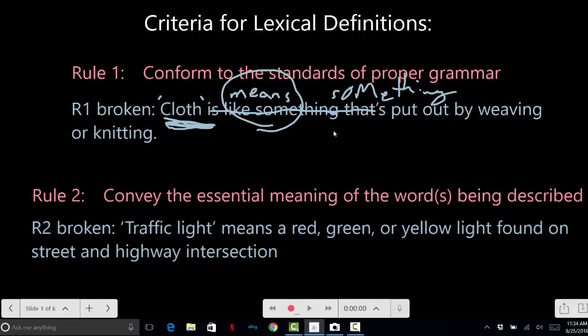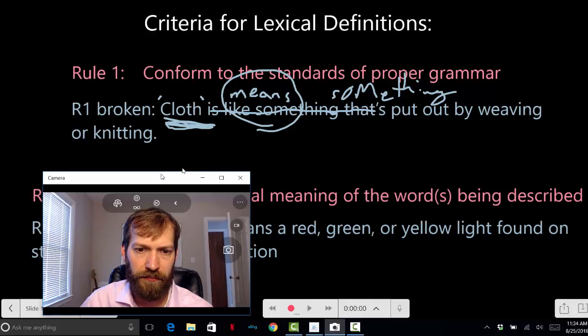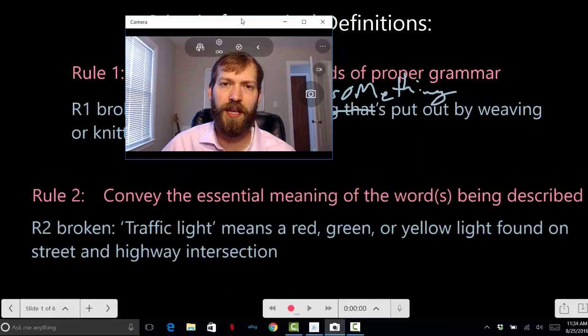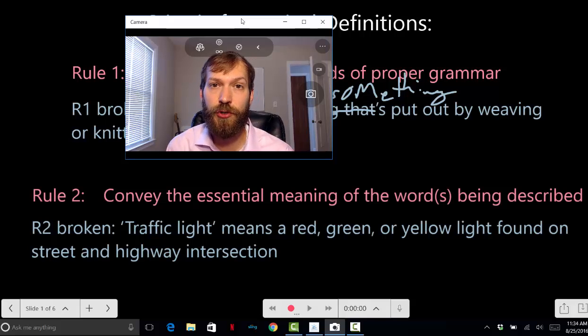Let's look at the second rule. Our second rule says: convey the essential meaning of the word or words being described. It turns out that we can define a word in a particular way that will pick out the objects in question, so it'll make sure that it only gets those objects into its extension, but still not tell us what is really essential, what's fundamental about the objects in question.